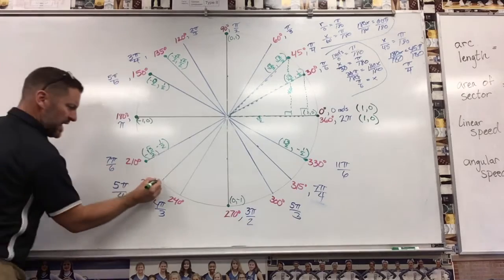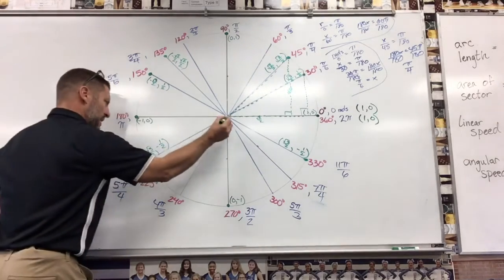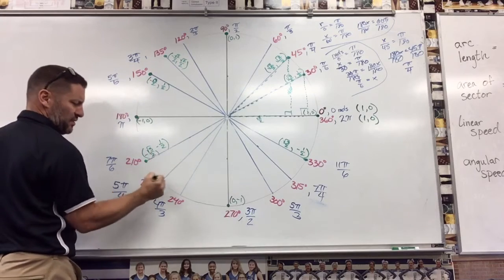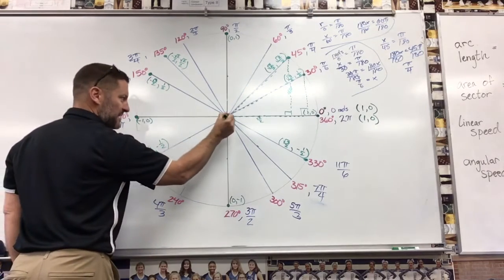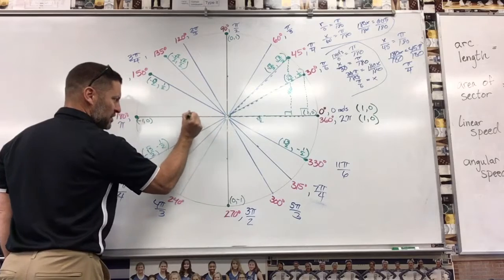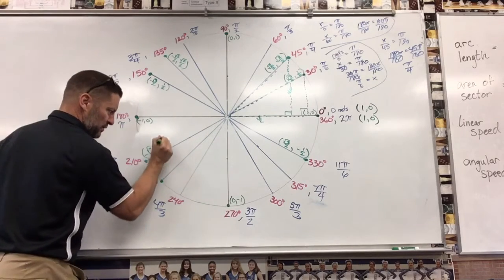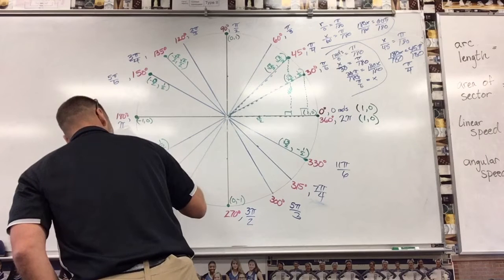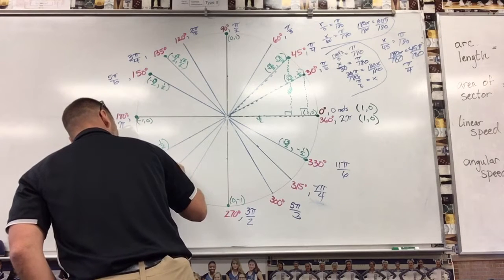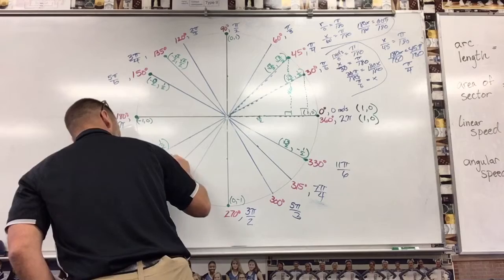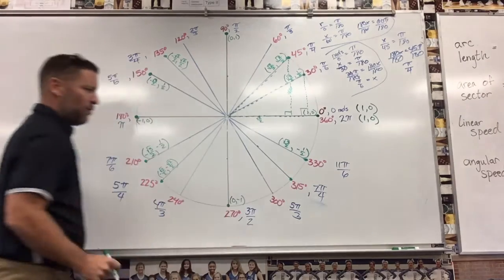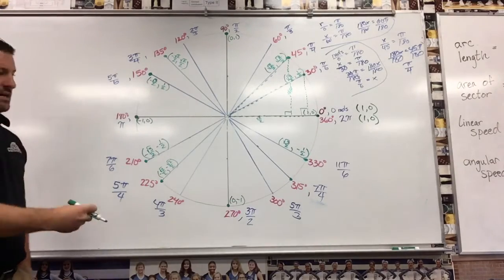Okay? Here, I went left and down. Left is negative, down is negative, but to get to those 45-degree triangle spots, it's still root 2 over 2 to the left, root 2 over 2 down. So my ordered pair here is negative root 2 over 2 to the left, negative root 2 over 2 down. And then this spot right over here is right and down.